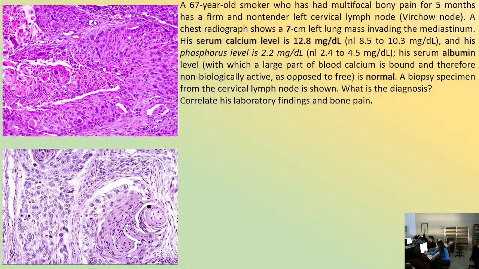What do you think? What do squamous cells anywhere in the body normally do? Squamous cells lining the skin, the oral cavity, the esophagus, the cervix, the anus. What do they know to do? Yes? Production of keratin. They keratinize. They produce keratin.